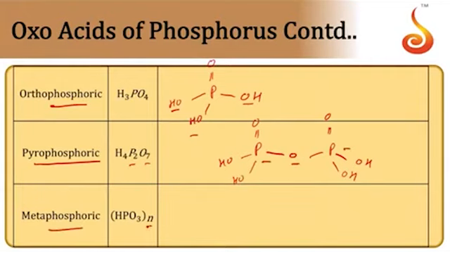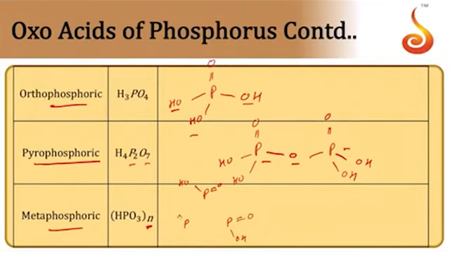Metaphosphoric acid. When the molecule is taken n times, it exists as a cyclic structure. Let us take, for example, the trimer, n equal to 3. There must be three phosphorus atoms. Each P has one double bond O and one OH group.